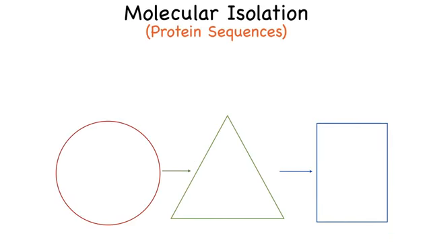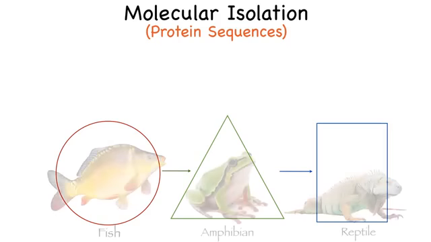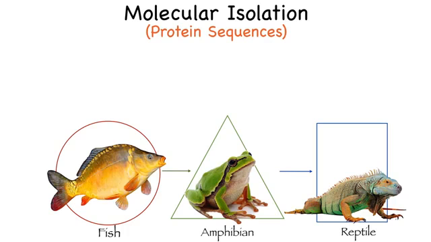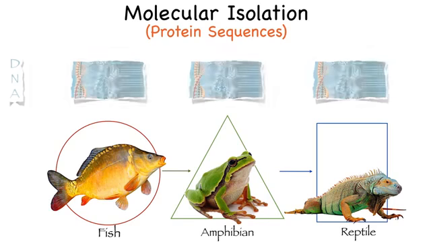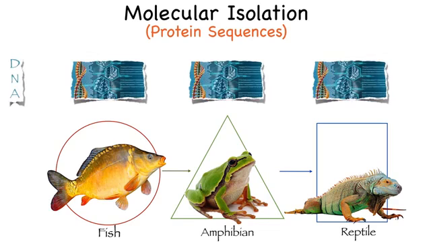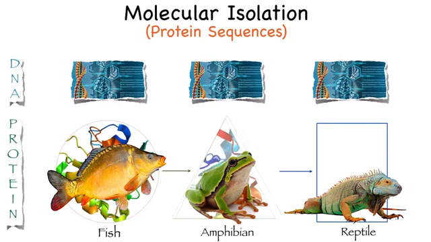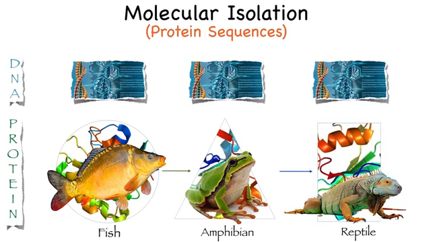Again, we have here our basic shapes, the circle, triangle, and rectangle. And here we have our fish, amphibian, and reptile. Now, even though they may share similar DNA, deep inside their cells, the proteins, or what biochemists call protein sequences, are arranged differently. The protein sequences inside the fish are different than the protein sequences inside the amphibian, which are different from the reptile.